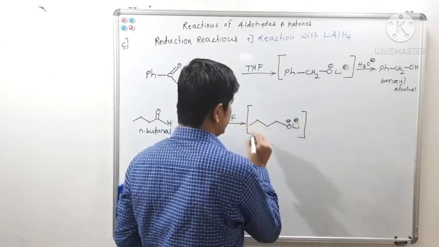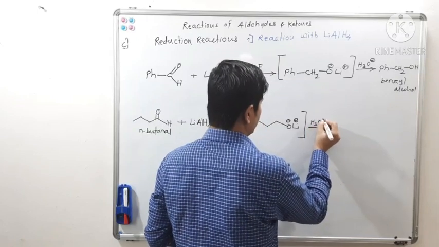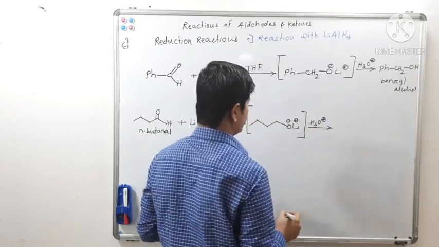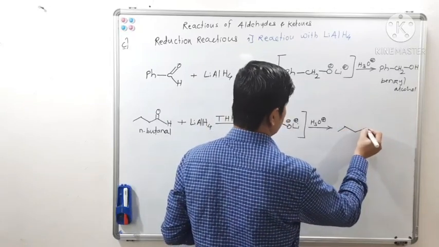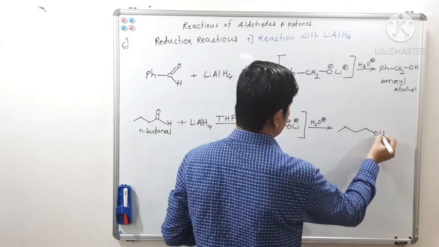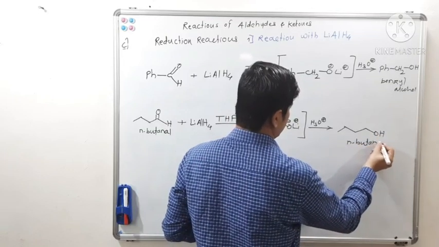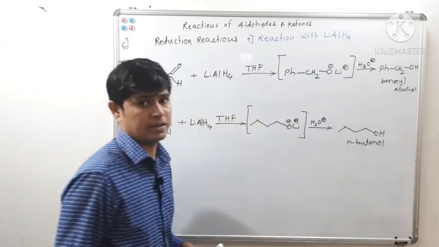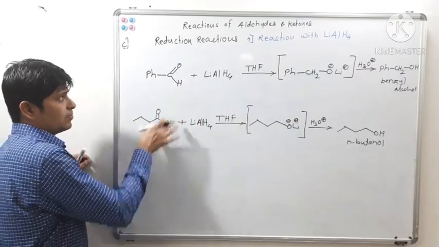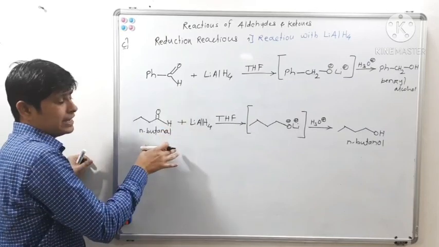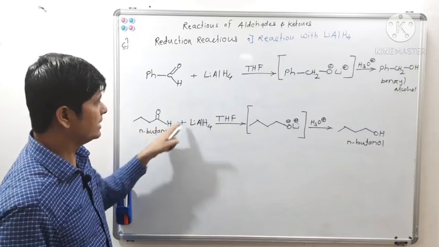This intermediate on reaction with dilute HCl, or acidic workup, will give n-butanol as a product.